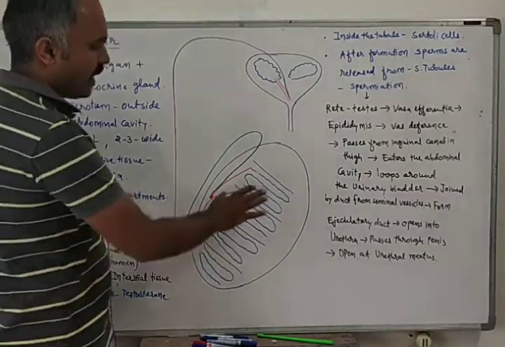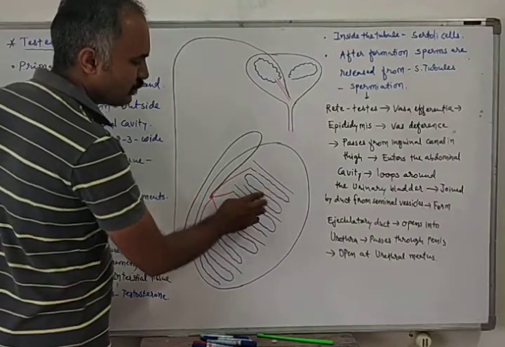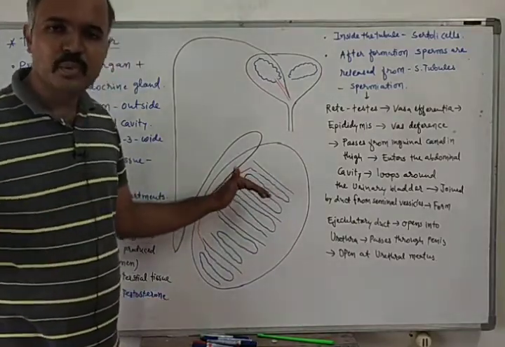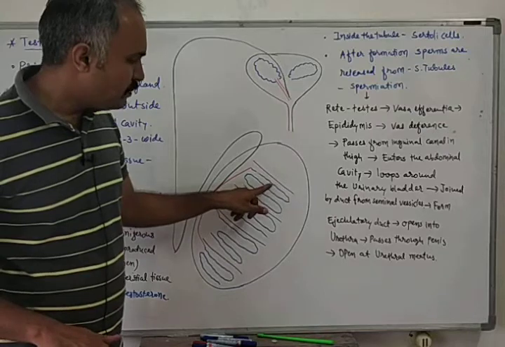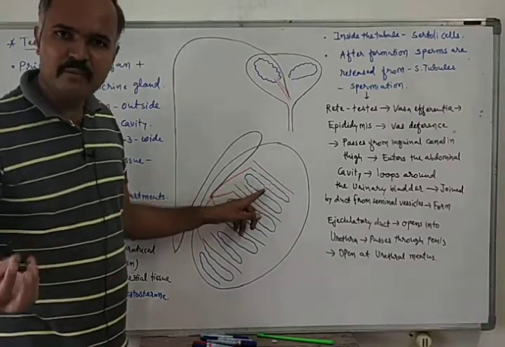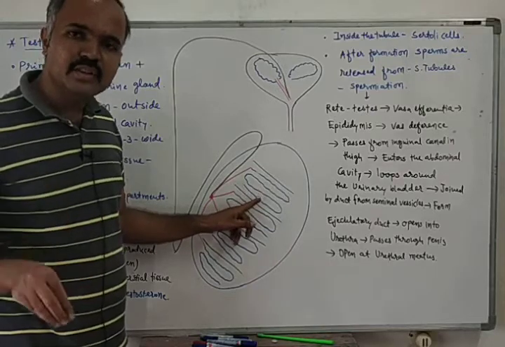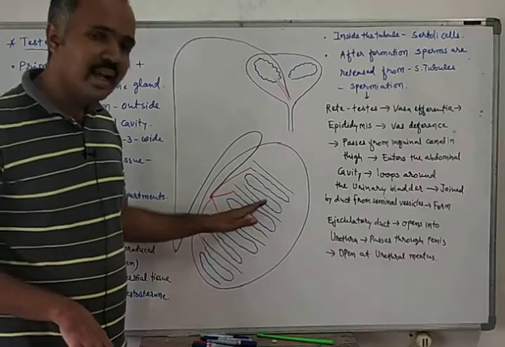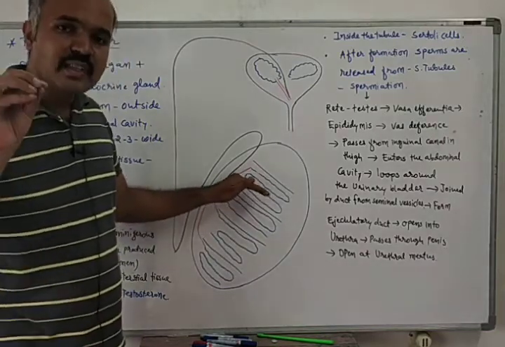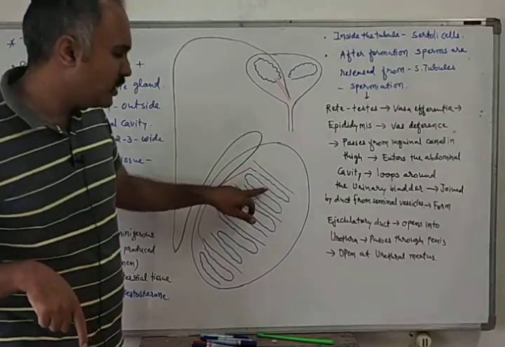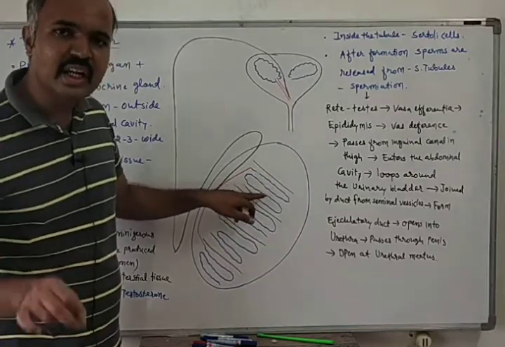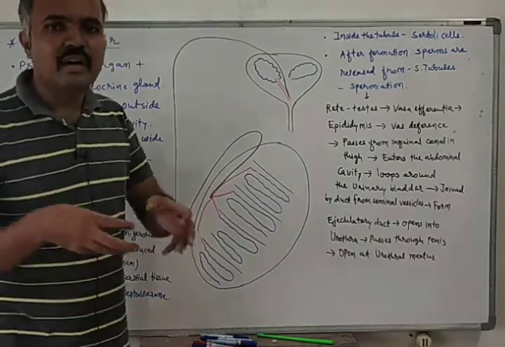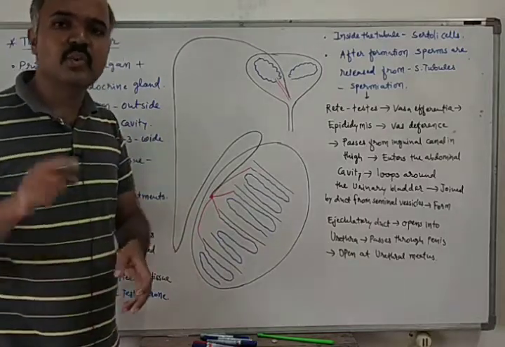Now say for example, in this seminiferous tubule, sperms have been produced after spermatogenesis. Now these sperms will be released from the tubule and come out of it, and that process of release of the sperm from the seminiferous tubule is known as spermiation.